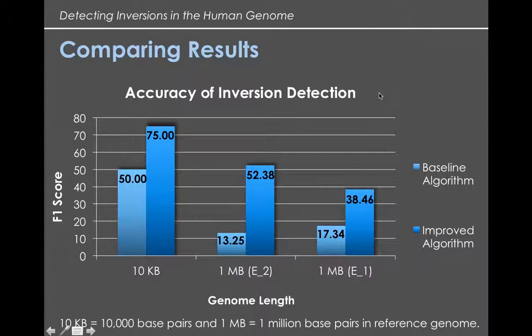Overall, the methods worked well in improving accuracy. However, for the shorter genome, 10 kilobase pairs, the difference isn't as obvious because there were only 4 inversions in the genome to be found. However, in the longer million base pair genome, there were about 13 inversions to be discovered.